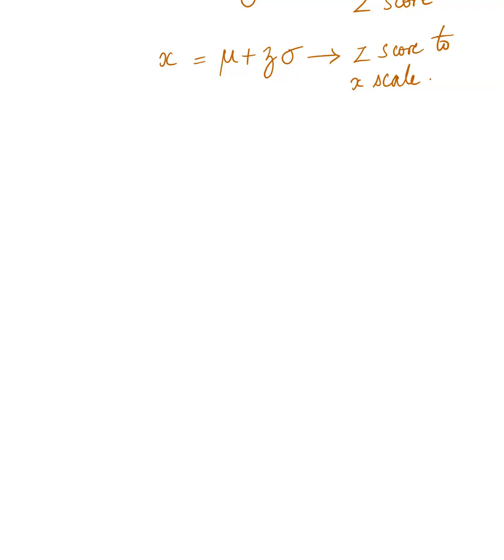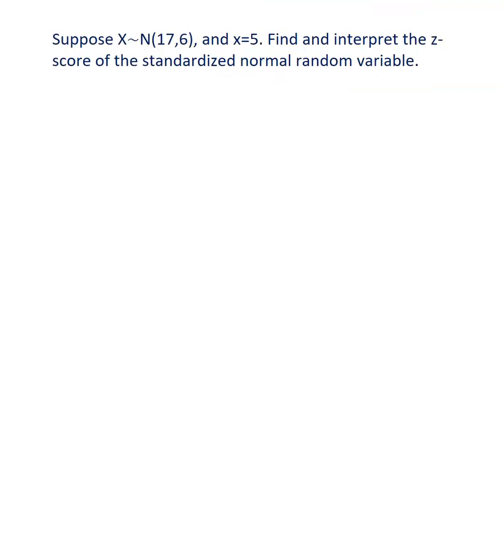Now when we try to translate from an x scale to a z scale, we realize that the axes will also slightly differ, right? So this example will illustrate that. Suppose x follows a normal distribution with mean 17 and sigma 6, right? 17, 6, and x equals 5.